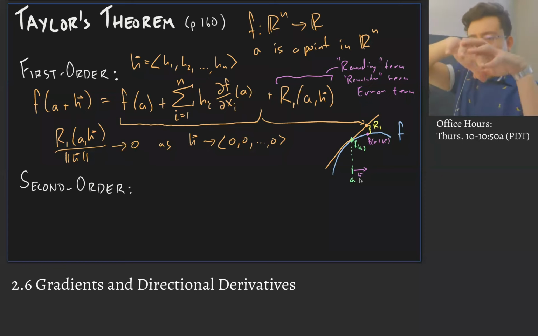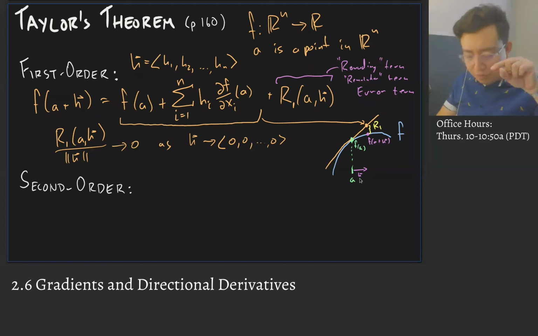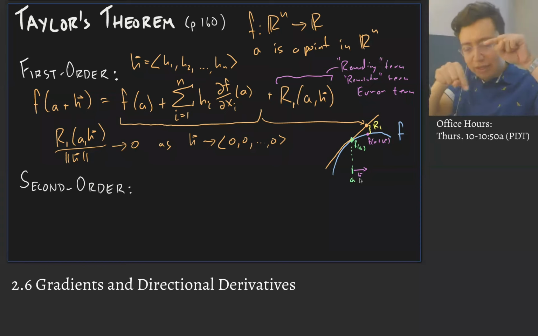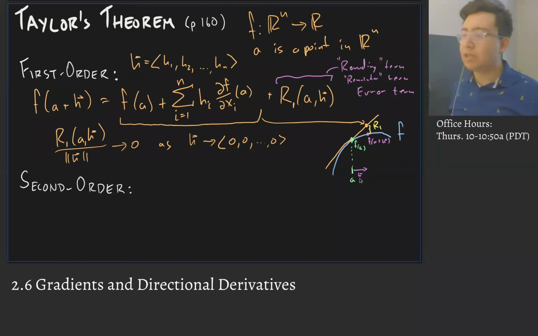Then the graph is some surface living in R3, and you have this tangent plane at a point. If you move away from that point, there's a little vector downstairs that tells you which way you're pointing. And then upstairs, the distance from the actual graph to the graph of the tangent plane is going to be this R1 here. Cool.